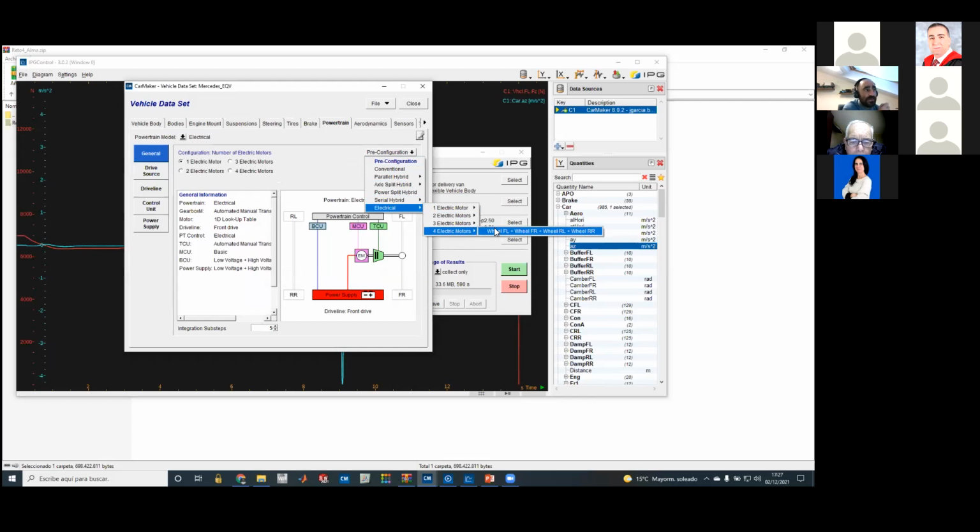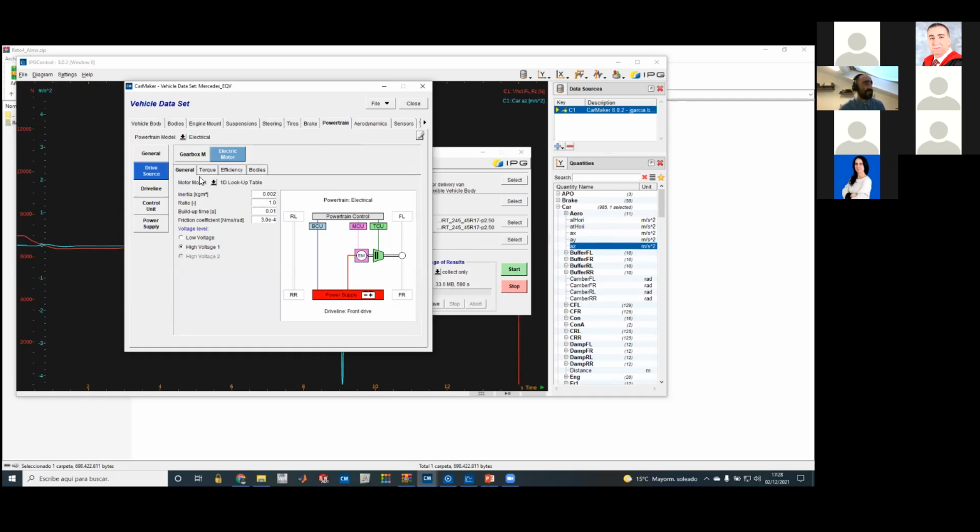In pure electrical, you have several combinations, for example, one electric engine driving the front axle, or two electric engines, one for each wheel on the front, or two electric engines for the front axle and rear axle. You can go for any architecture of drivetrain.